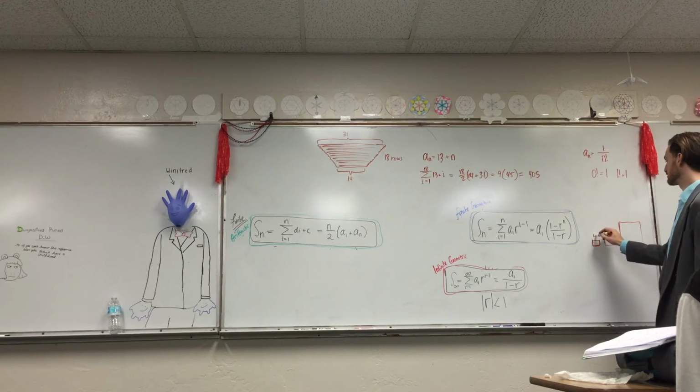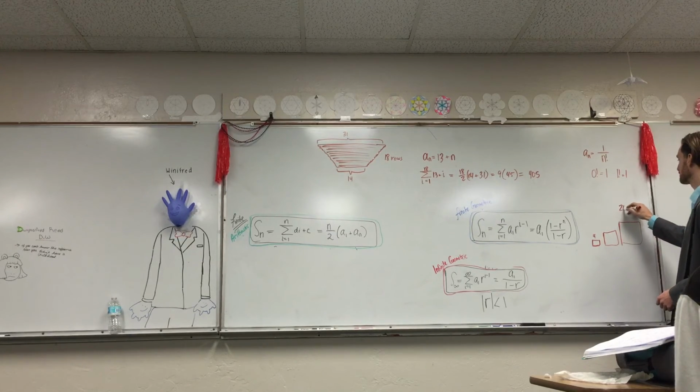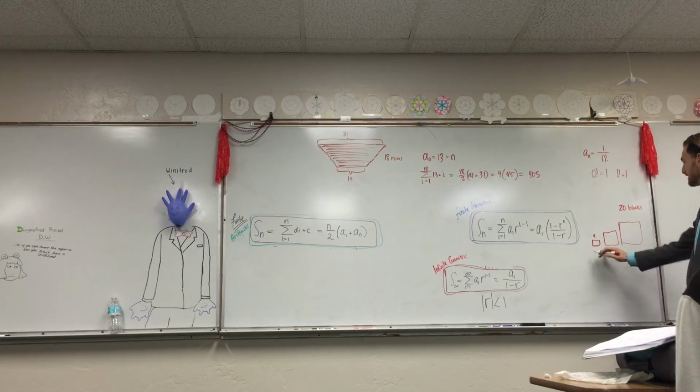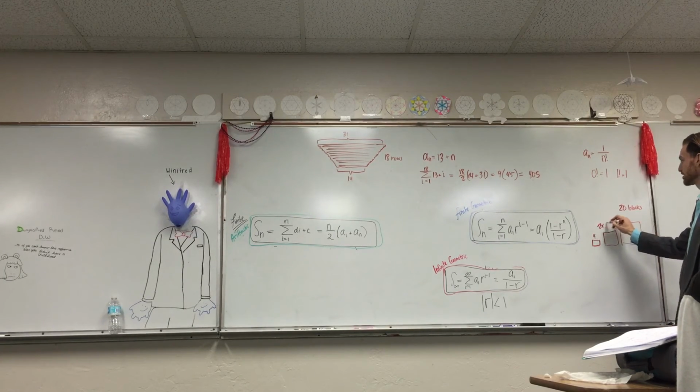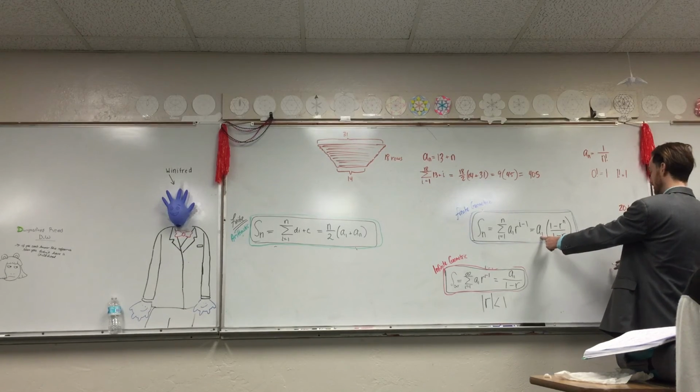The first area is 4, and I have 20 blocks. First area is 4, it doubles each time, I have 20 blocks. What kind of series is that? Geometric, okay? So I go straight to the geometric formula.